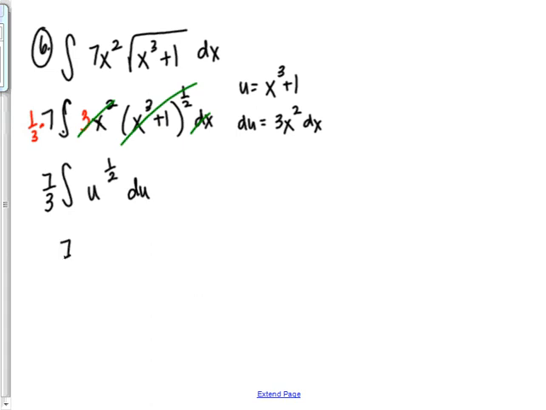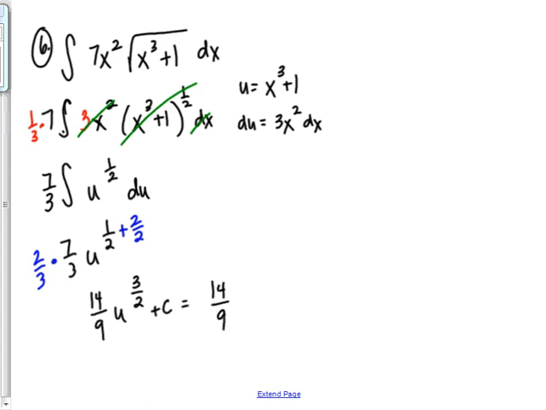So we have 7/3 u to the 1/2. So let's integrate it. If I add 1 to it, I get a new power of 3/2. Dividing by 3/2 is the same as multiplying by 2/3. So I'm left with 14/9 u to the 3/2 plus c, or 14/9, what's u? x cubed plus 1 to the 3/2 plus c.